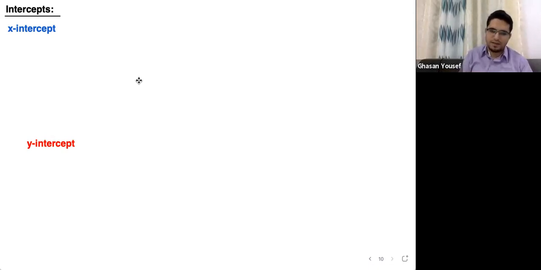How can I find it? Yes, by setting y equals 0. Matthew said how we can find it. This is correct. When I set y equals 0, then I solve for x, so I can find the x-intercept.